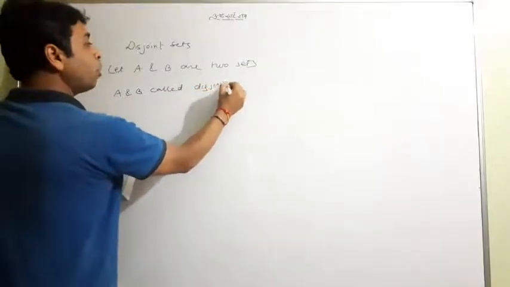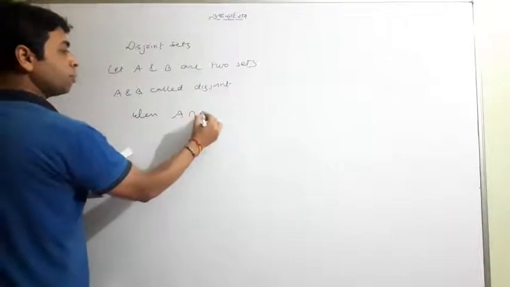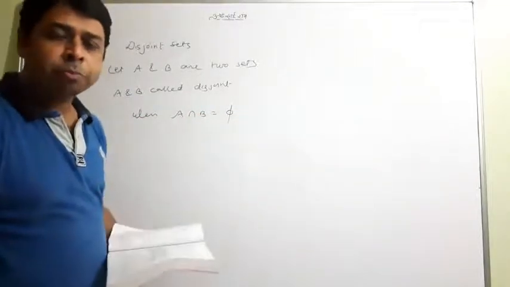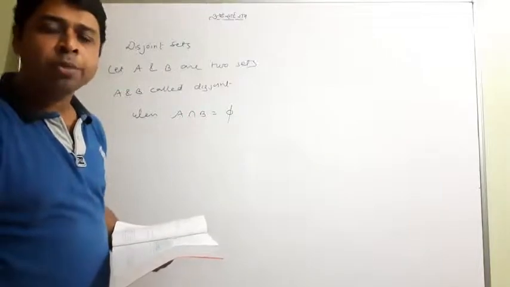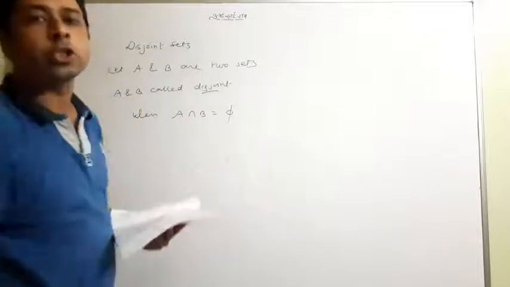Very simple and important. Disjoint when A intersection B has no element, no common element. Whenever A intersection B comes phi, A and B have no common element, we say that A and B are what kind of set? Disjoint set.